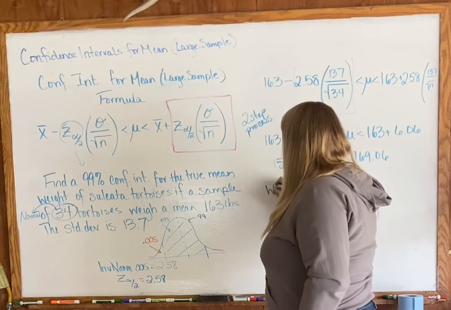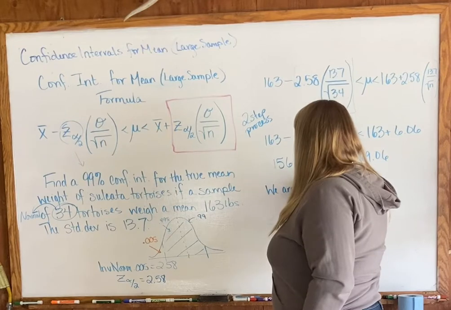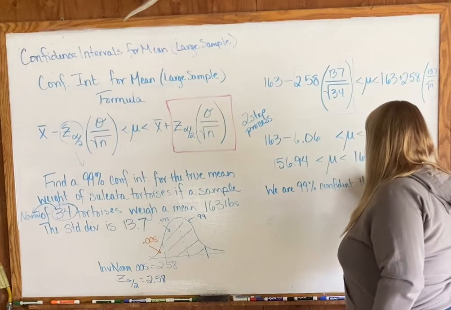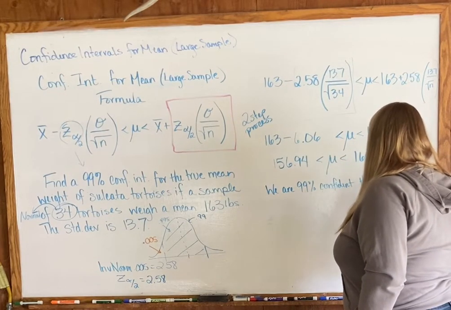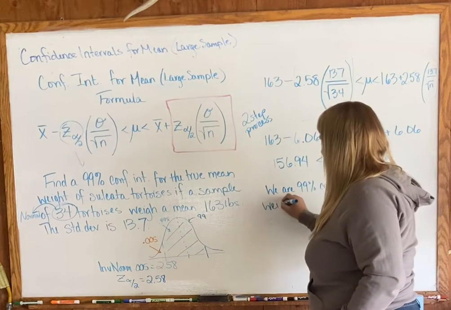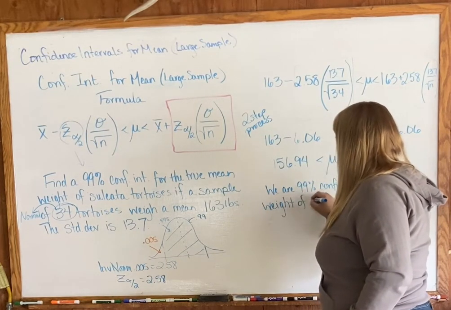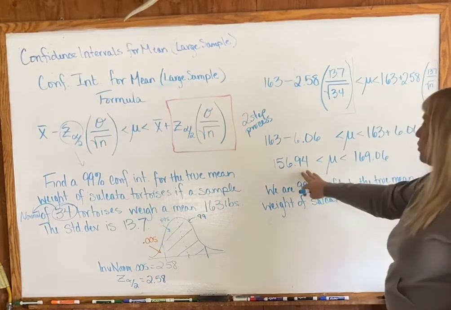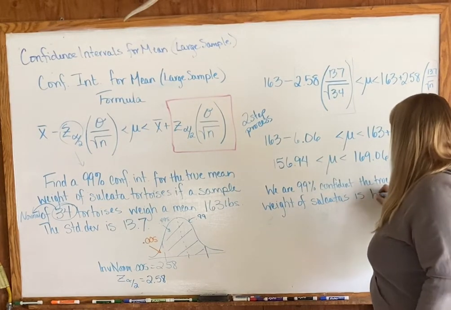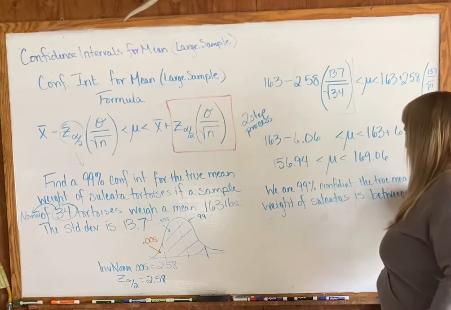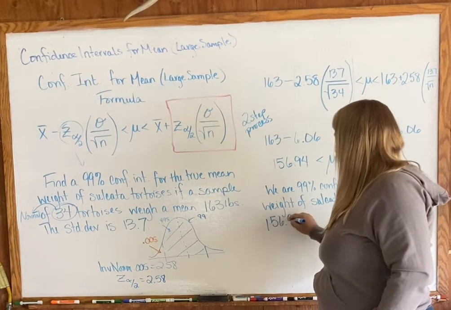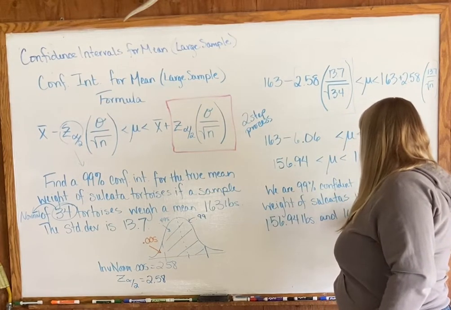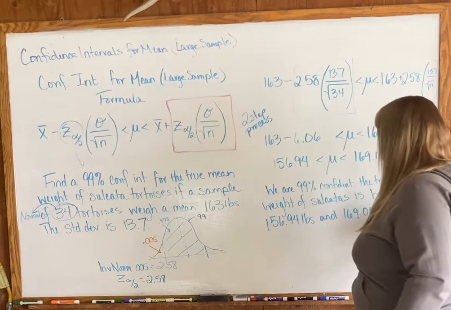So we can say, we are 99% confident the true mean weight of sulcatas is, and we're going to write it out in words, between 156.94 pounds and 169.06 pounds.